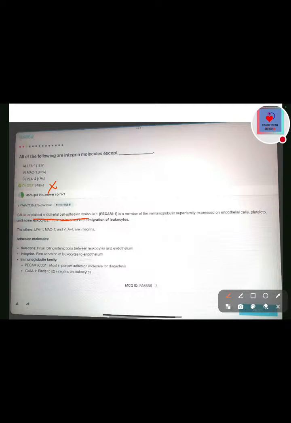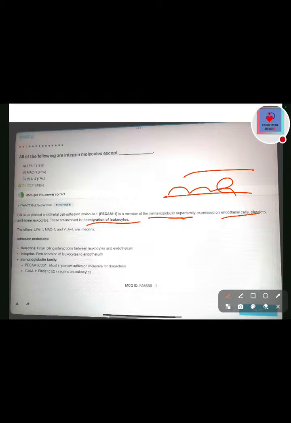It is platelet endothelial cell adhesion molecule 1, PECAM-1, a member of the immunoglobulin superfamily expressed on endothelial cells, blood vessel endothelial cells. Platelets and leukocytes are involved in migration of leukocytes.